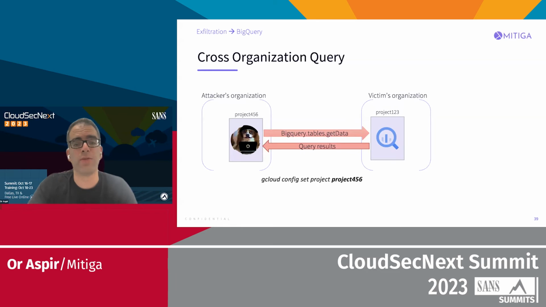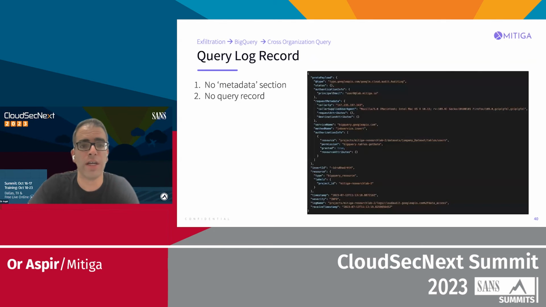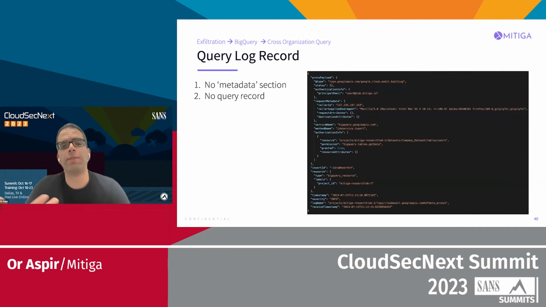And what happens when the attacker runs from the context of a project which exists in a different organization? You won't have any metadata section. So you can know which table was queried, and who did it, but you won't know the exact query. So you cannot know what was exfiltrated and whether the query looks suspicious.